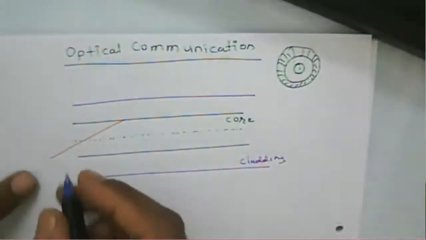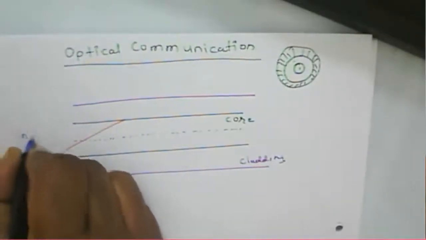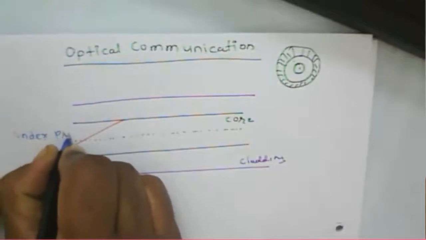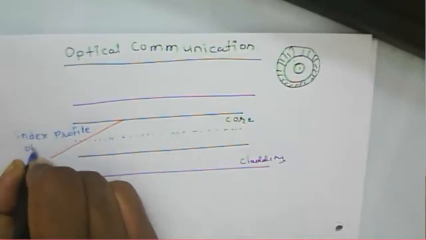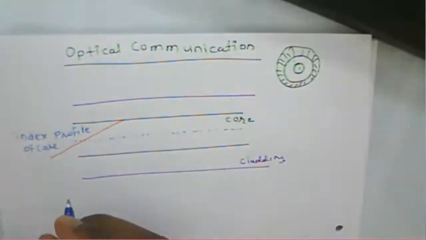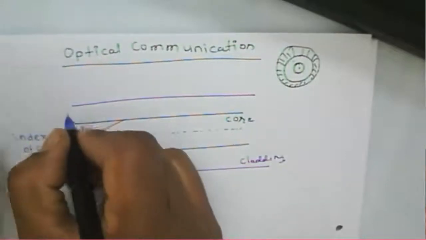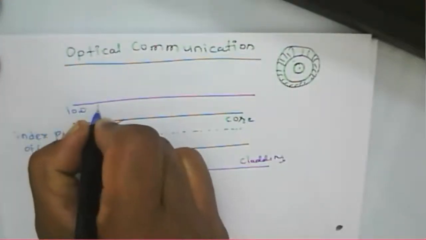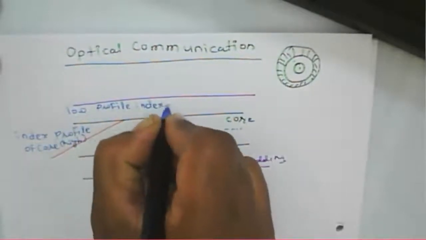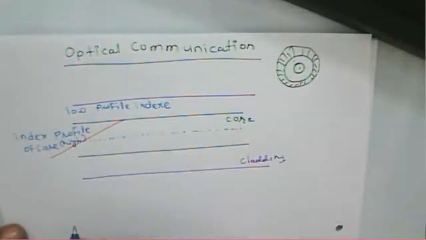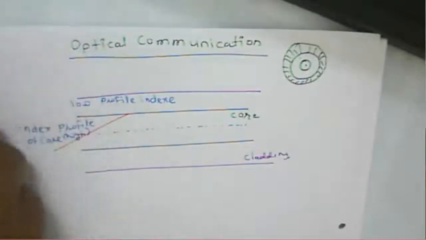Because of the index profile of the core. The core has a high index profile, and the cladding has a low profile index.